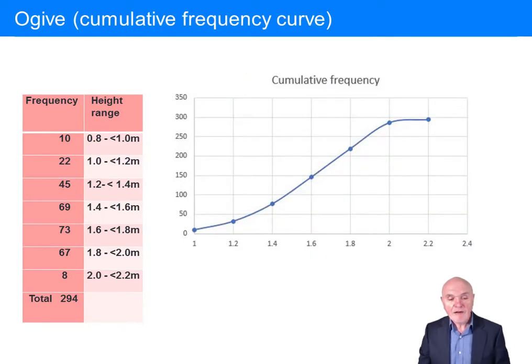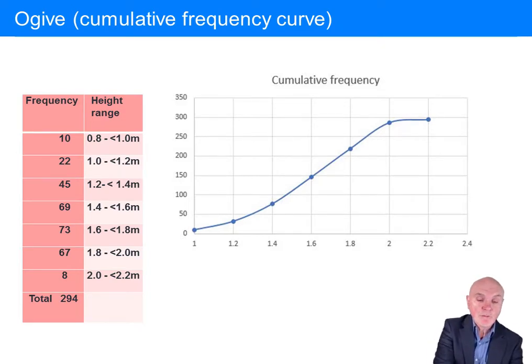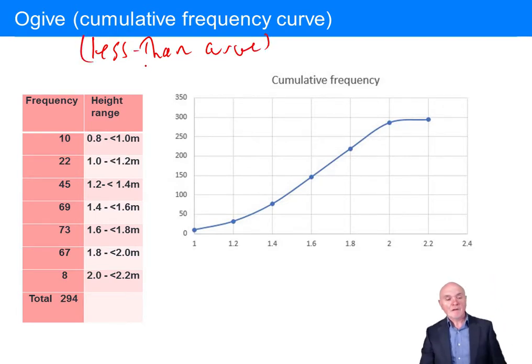The last type of graph we have here, variously called an ogive or a cumulative frequency curve, and sometimes, actually quite a useful name for it, a less than curve. So we have the same data as before, basically: the height ranges and the frequencies.